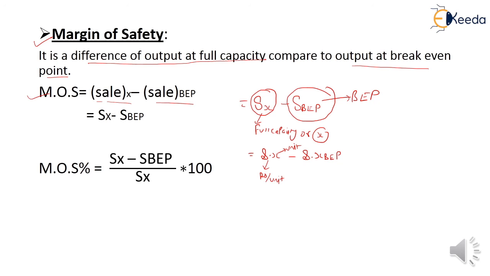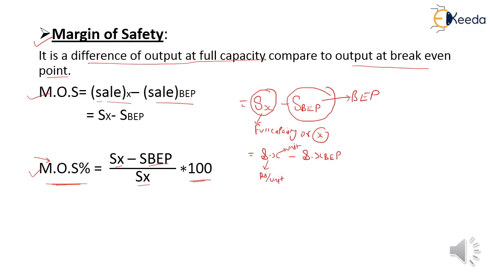If in the question the examiner asks for the margin of safety in percentage, we write capital S corresponding to x minus capital S corresponding to break even point, with respect to capital S corresponding to x, into 100. Apply this formula directly, and we obtain the margin of safety in percentage.